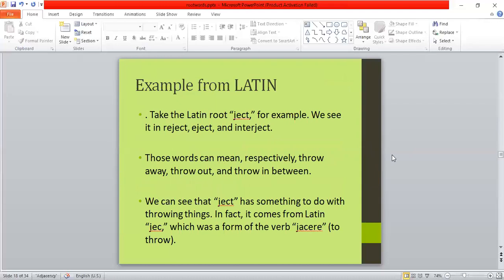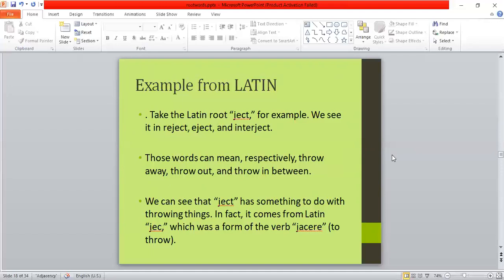Example from Latin. Take the Latin root ject, for example. We see it in reject, eject, and interject. Those words can mean, respectively, throw away, throw out, and throw in between. We can see that ject has something to do with throwing things.